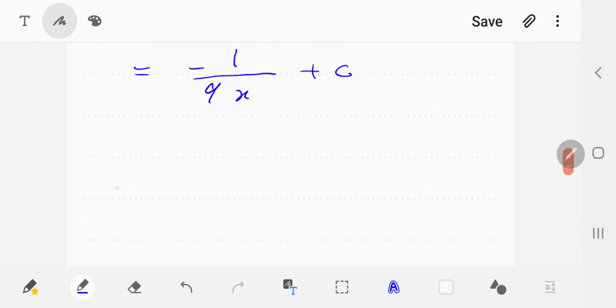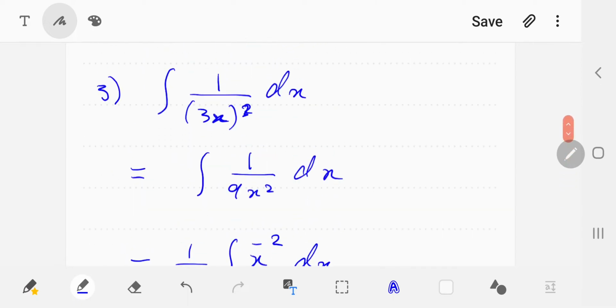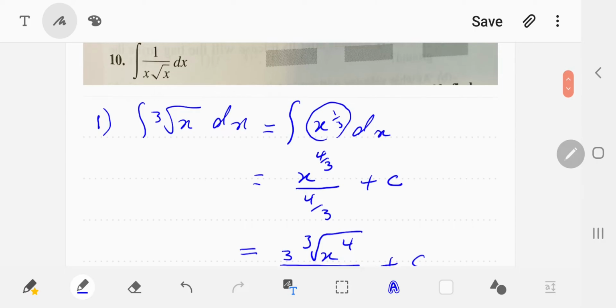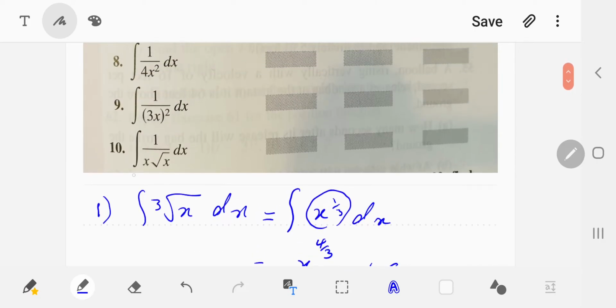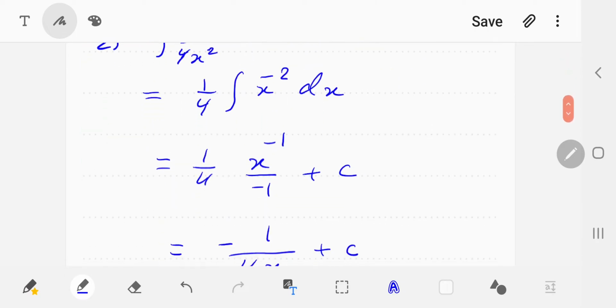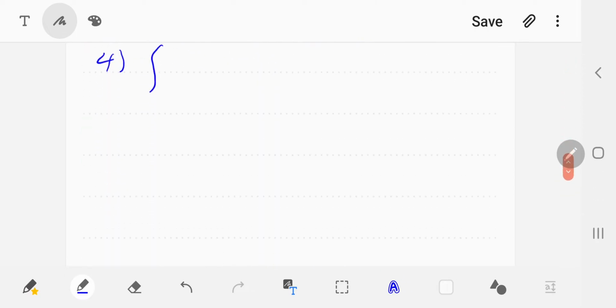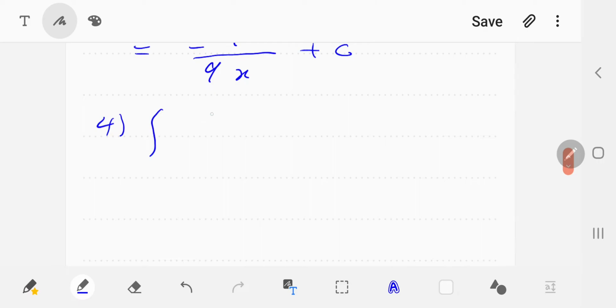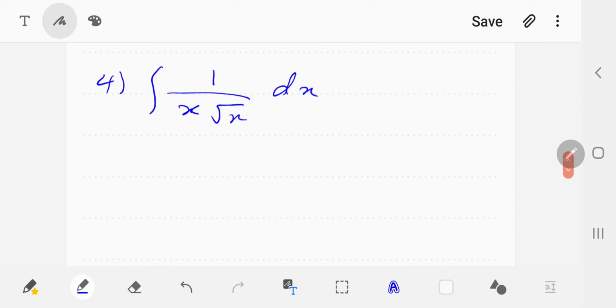What about the last one? What was the last integration? 1 over x times radical x dx. Same thing, don't get scared from the shape.